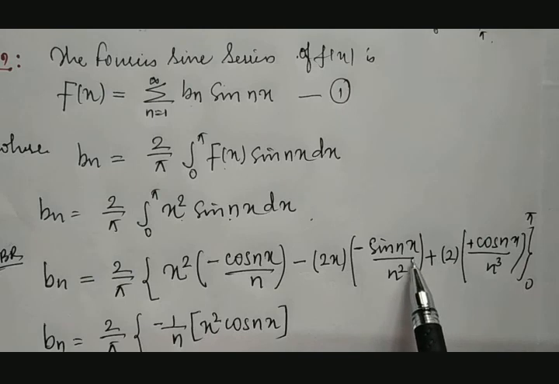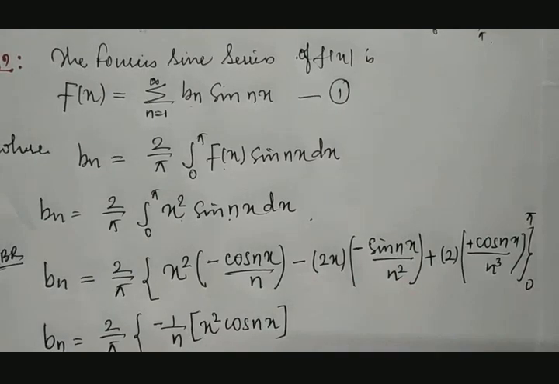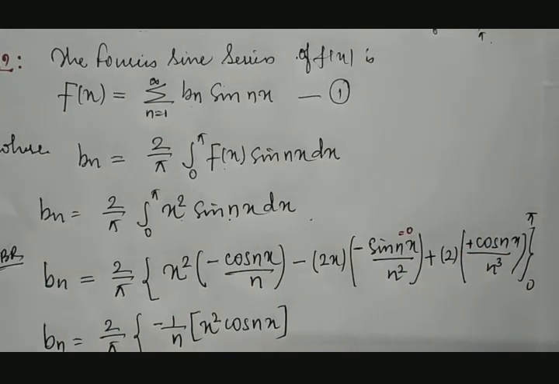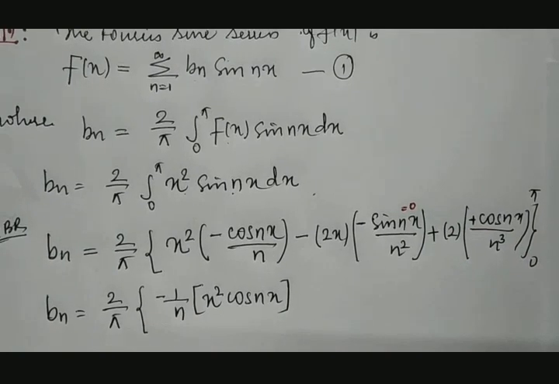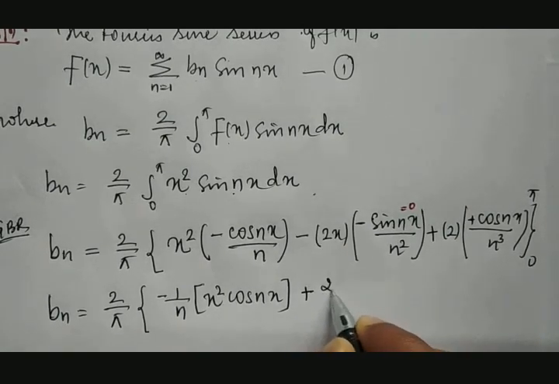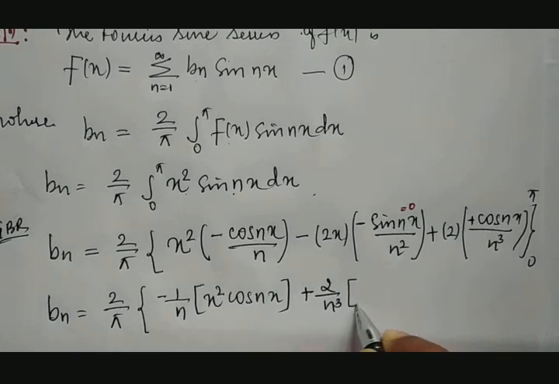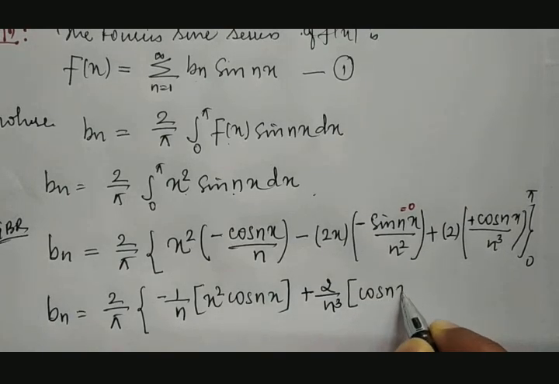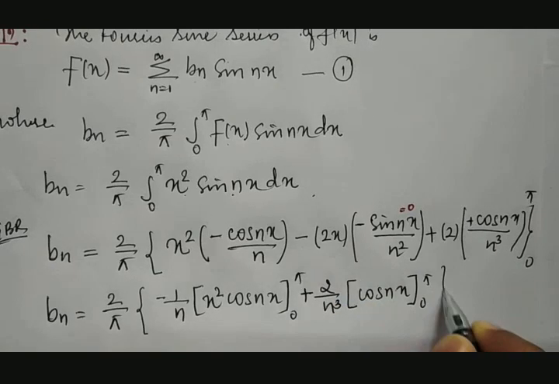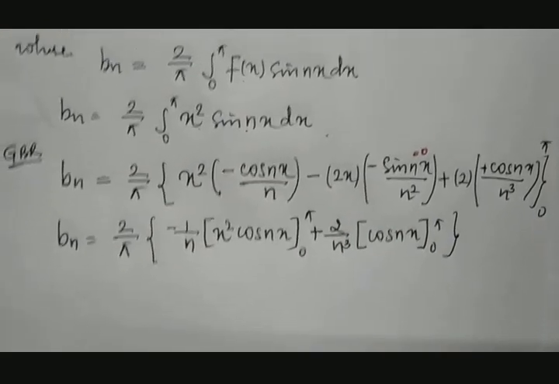Then if you substitute 0, it becomes sin 0. So overall, this term, due to the limit, becomes 0. Fine. When this term becomes 0, then let us ignore that term. Then this is gone. Then here it is plus 2 divided by n cube into cos nx between 0 to pi.